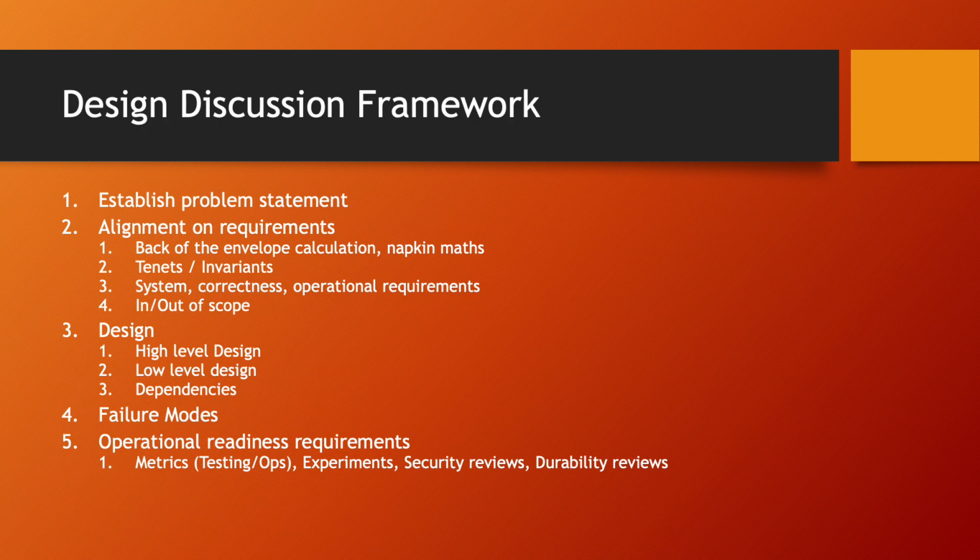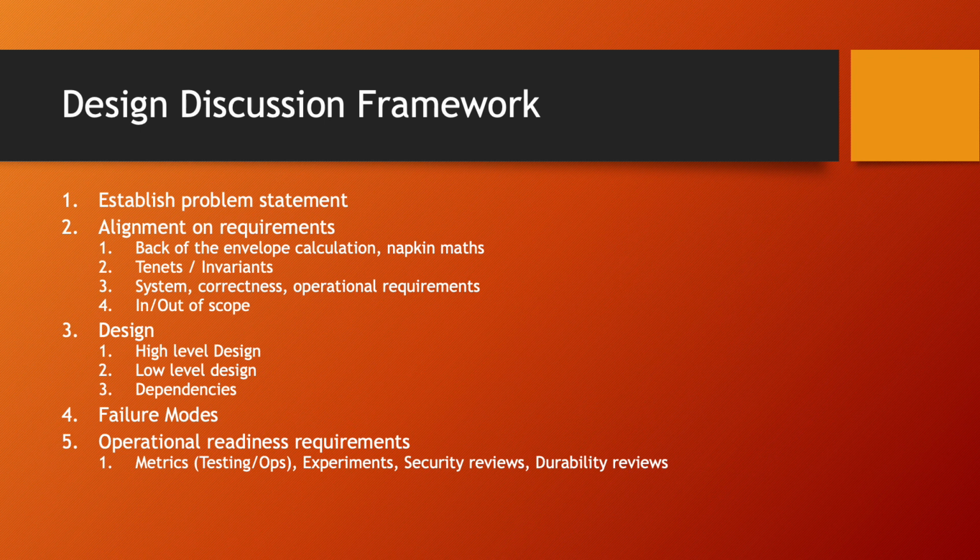Before we go any further, let's remind ourselves of the design discussion framework. As part of the discussion, we should first establish the problem statement. We should align on requirements, do some back of the envelope calculation, which might involve some napkin maths, agree on tenets and variants for the solution, then discuss system correctness or operational requirements, and also outline the in and out of scope things.